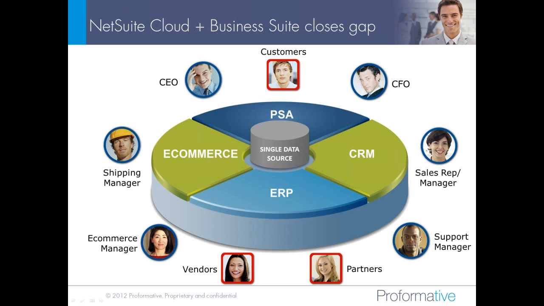Are there some sort of base, quote-unquote, packages that people typically purchase, and then you can add on other features as you go? Yeah, there are. The NetSuite product is typically sold as a suite. As mentioned, you actually can buy the CRM separately or the financials separately, but typically we sell it as a suite.